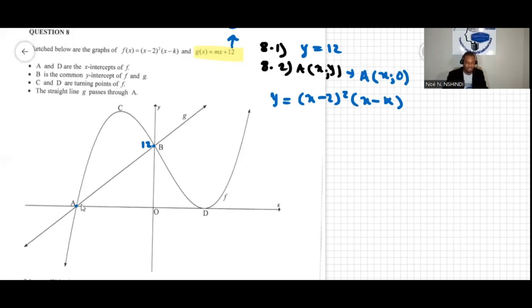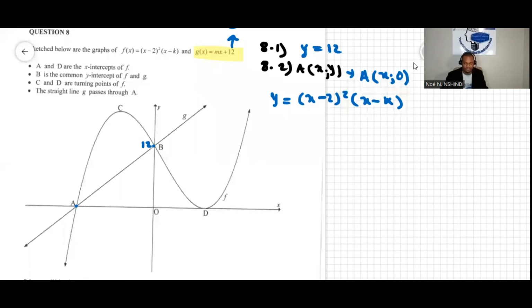Meaning y equal to 0, I can sub in 0 for y, but I will still have unknowns. So what can I do? I can first find the value of k, because we already have a point here. B lies on the cubic function f of x.